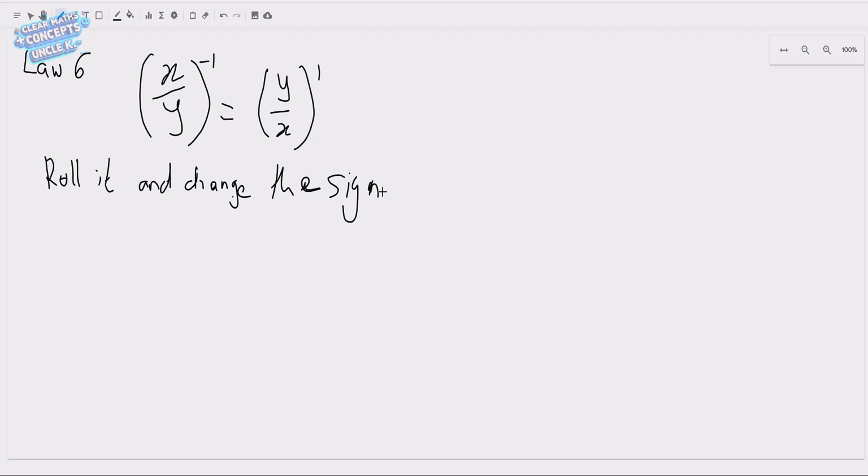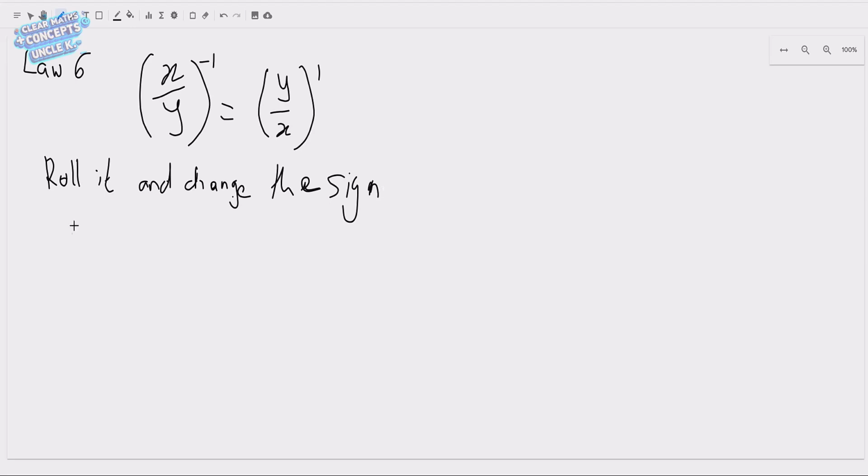So when you roll, your numerator becomes the denominator and the denominator becomes the numerator. So the sign of the power will actually change. It's as simple as that.